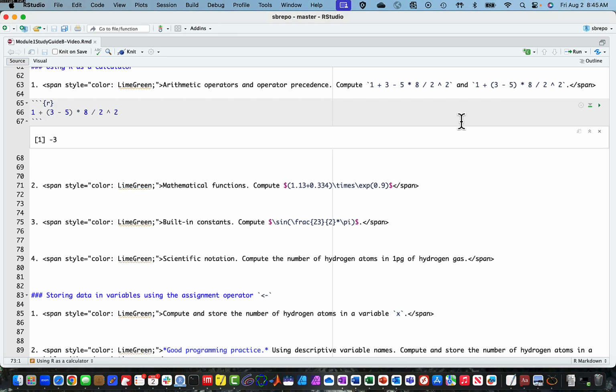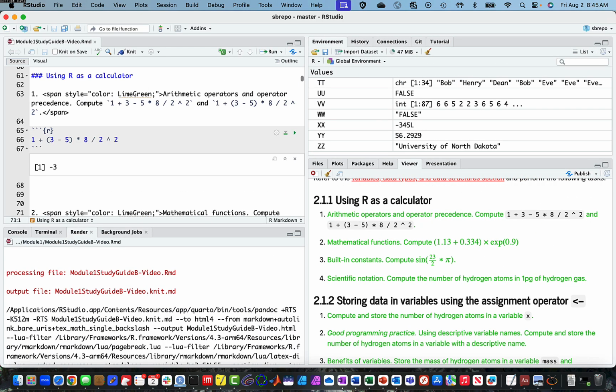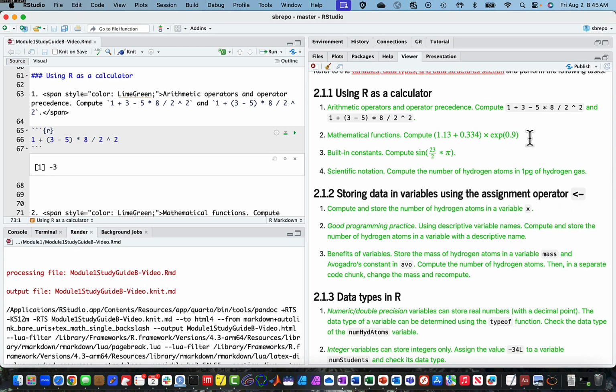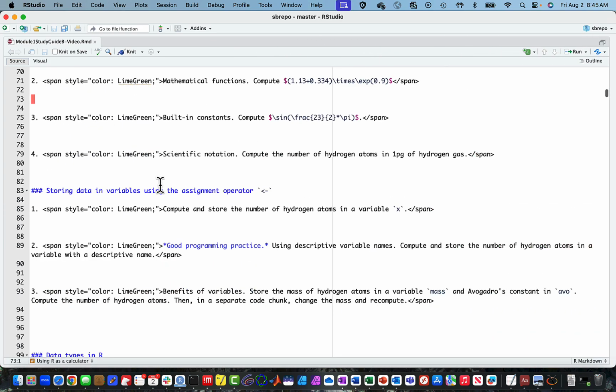Next, one could also evaluate expressions involving mathematical functions, such as this function with the exponentiation function. So let's try and do that. And we will insert a code chunk.